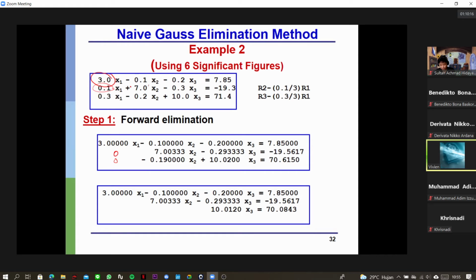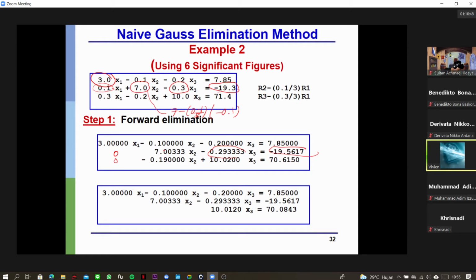Next we do the same: 7 minus 0.1 over 3 multiplied by the first row, which is minus 0.1. So here the result we have is 7.003333x2. Again, we do the same for the third element in the row and also for the right hand side, so that this value will change.